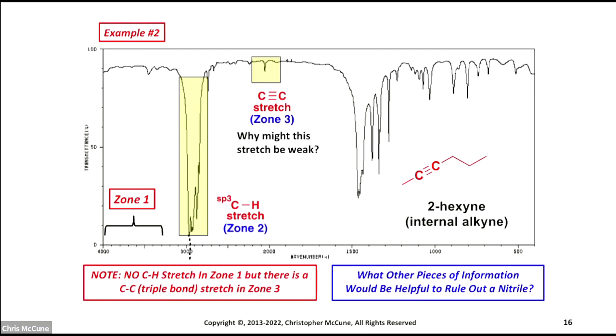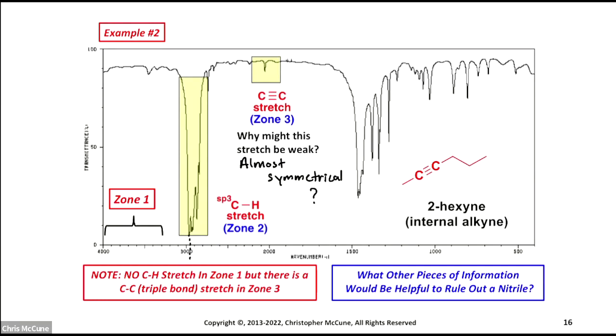One reason why that might be weak is that it's almost symmetrical. That's what we can think about. I've shown the structure for this IR.